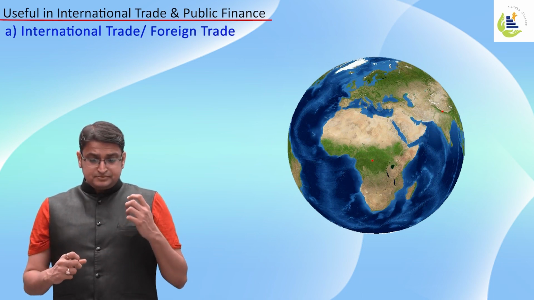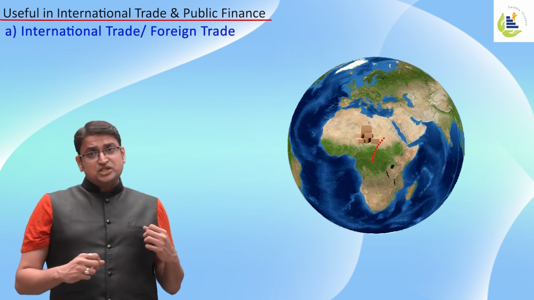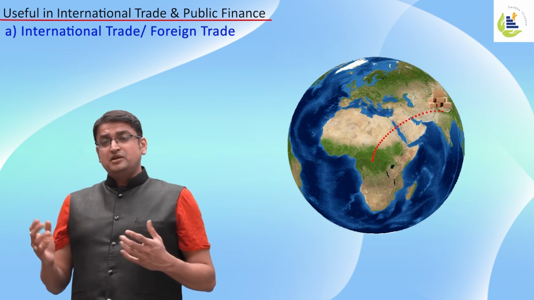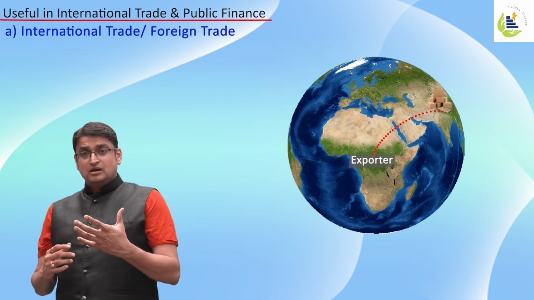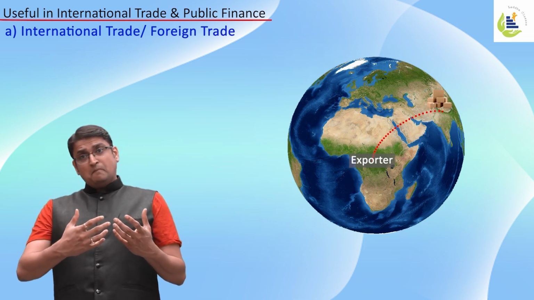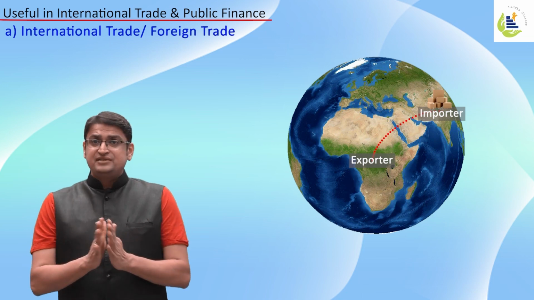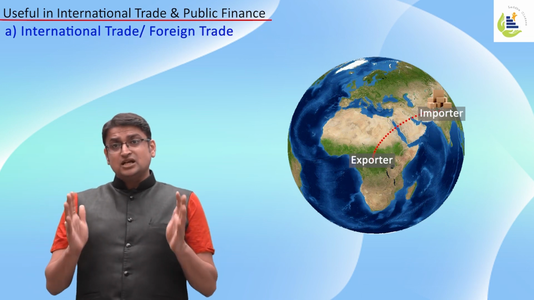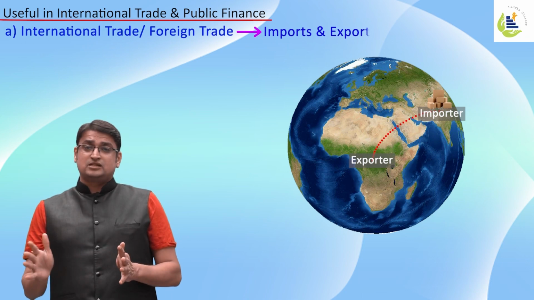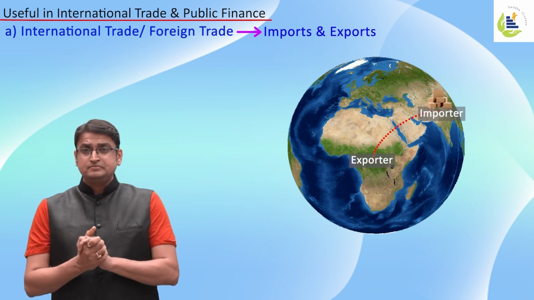A country which sells the product to another country becomes an exporter. A country which buys the product from another country becomes an importer. So international trade or foreign trade is also known as imports and exports.